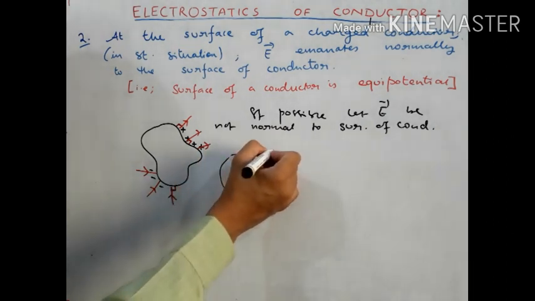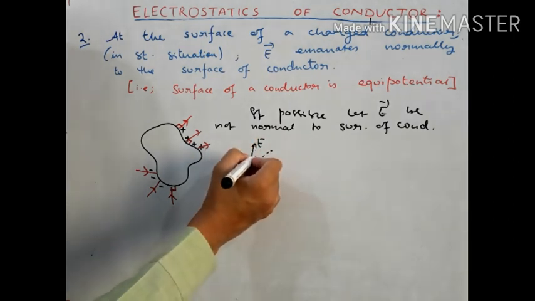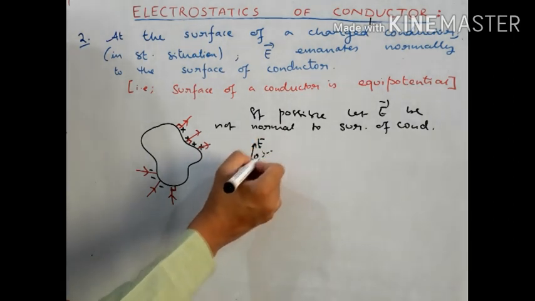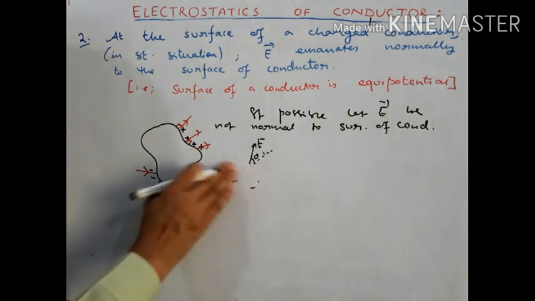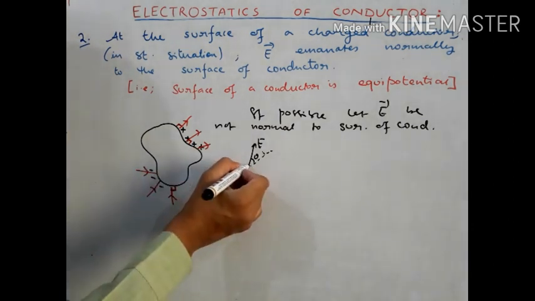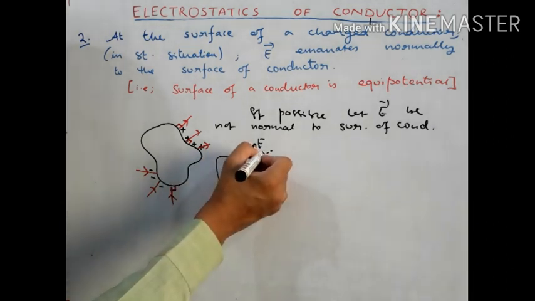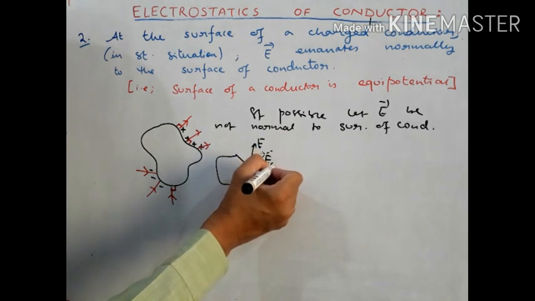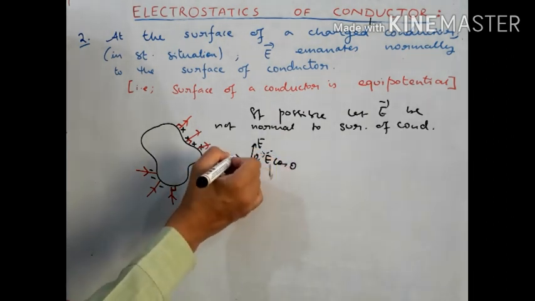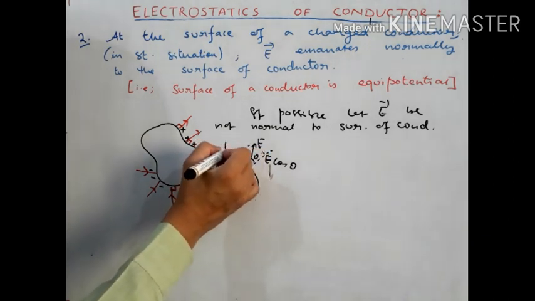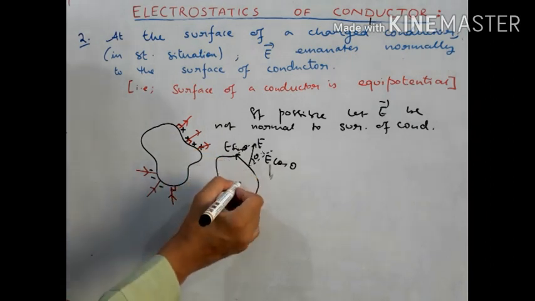So suppose this is the direction of the normal, and suppose the electric field is like this. Then we can resolve it into two components, one along the normal and one tangential to the surface. This is the conductor, suppose. So one component will be E cos theta along the normal and the other component will be E sin theta tangential to the surface.